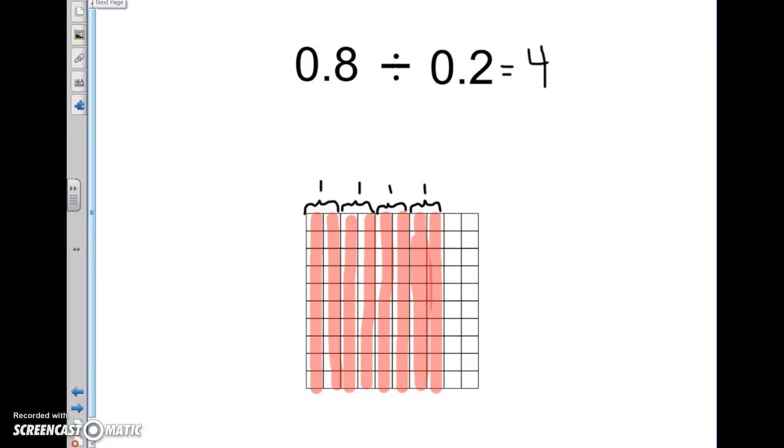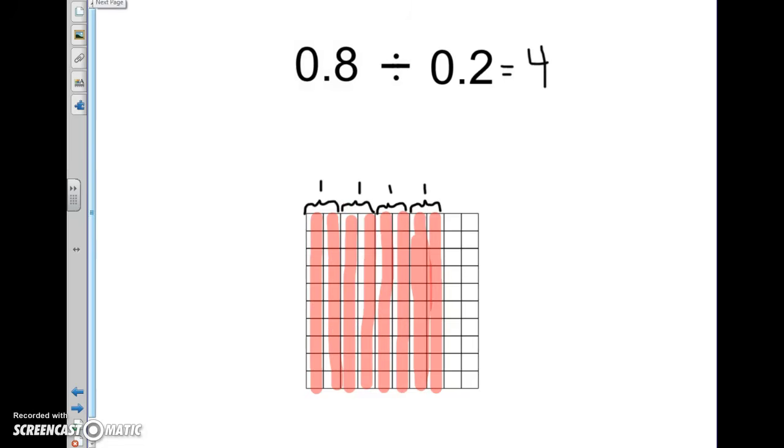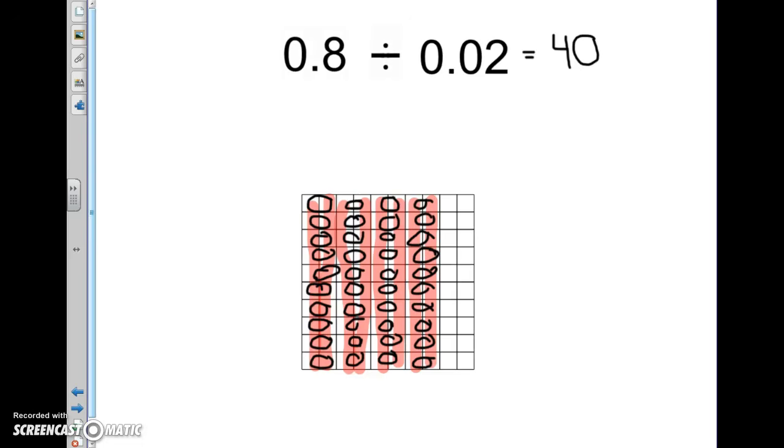And then the more recent problem had the same dividend, but our divisor was different. It's divided by 2/100ths as opposed to 2/10ths. And instead of a quotient of 4, we got a quotient of 40, which looked like this. So we had 8/10ths divided by 2/10ths equals 4, and 8/10ths divided by 2/100ths equals 40.